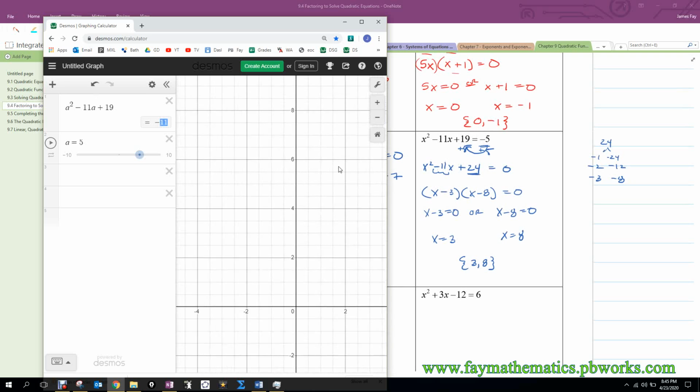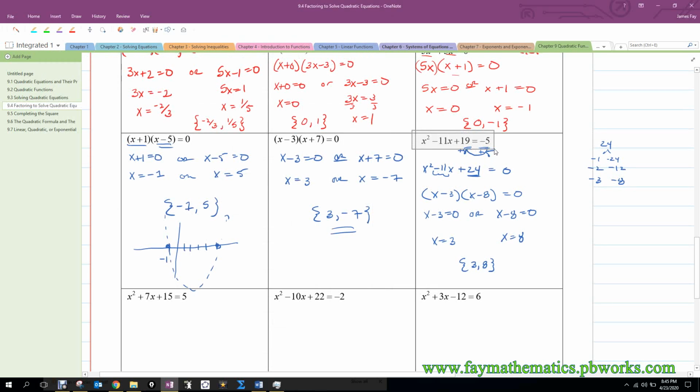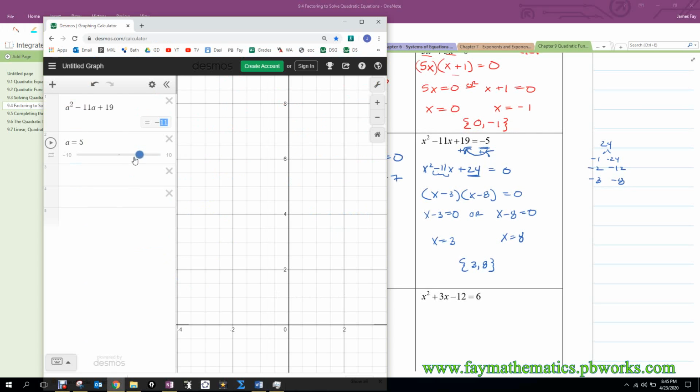Okay, so that's nice. I like to go back to the original equation to check myself. But you could have, if I just wanted to go to the a squared minus 11x plus 24, and then said, okay, well, what happens when a here is 3?